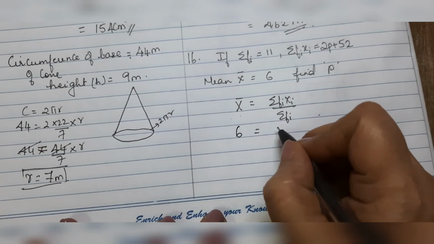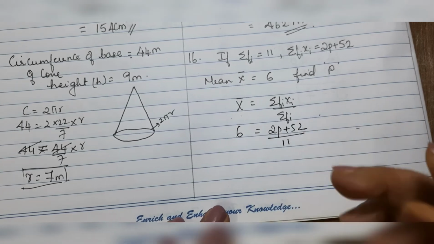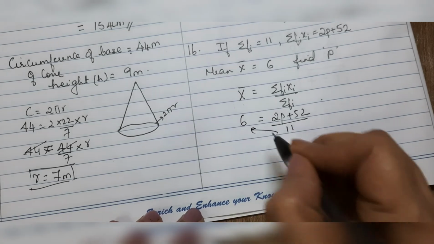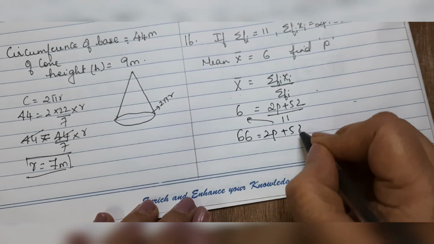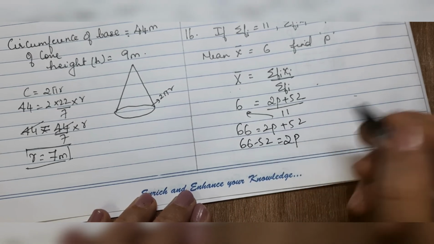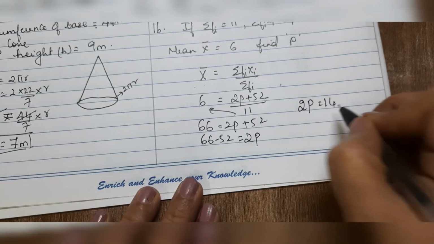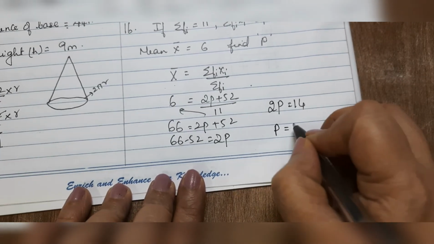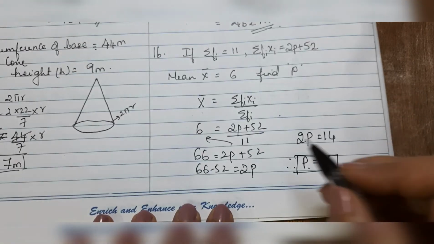This is given 6, 2p plus 52 divided by 11, cross multiply, 66 equal to 2p plus 52, 66 minus 52 equal to 2p. So we have here 2p equal to 14 and p equal to 7. Therefore p equal to 7.